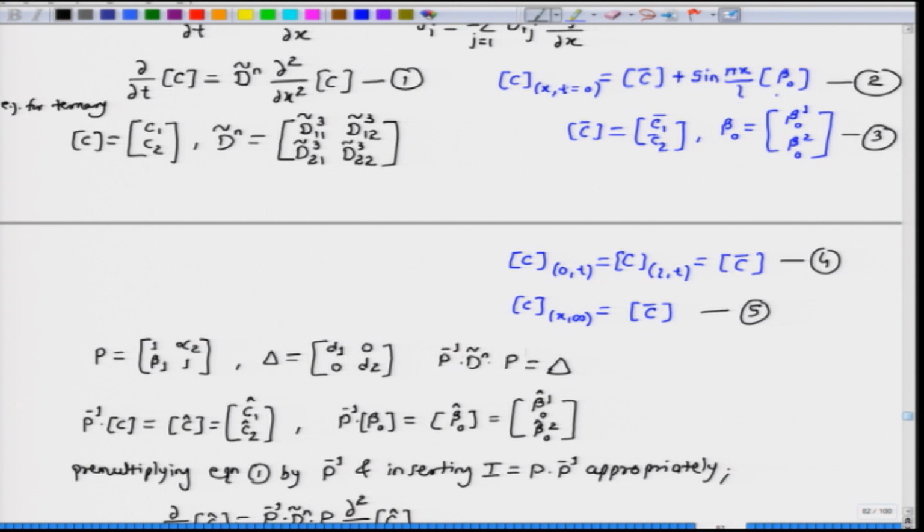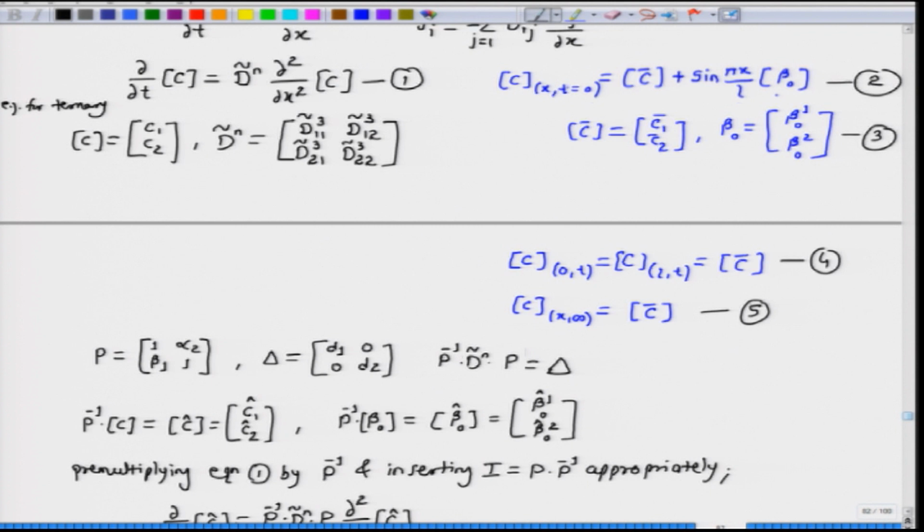So for the initial condition, which is written here, if we pre-multiply by P inverse, we get C cap at x and t on the left side. On the right side, P inverse times C bar, we call it C bar cap, the average concentrations in the new basis, the cap basis, and P inverse times beta 0 will be beta 0 cap.